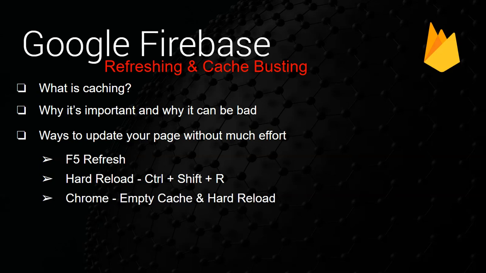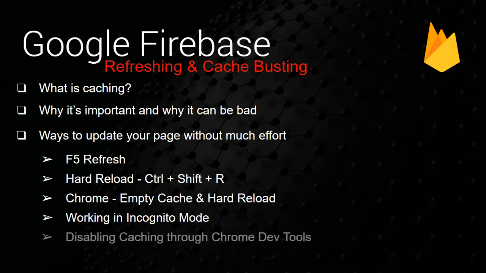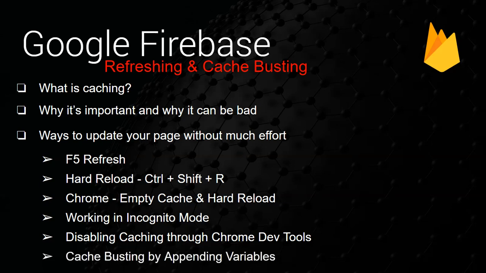In Chrome, you can empty the cache and do a hard reload. Working in incognito mode and how to update your settings in VS Code to automatically open in incognito, and disabling caching through Chrome DevTools, as well as cache busting by appending variables.